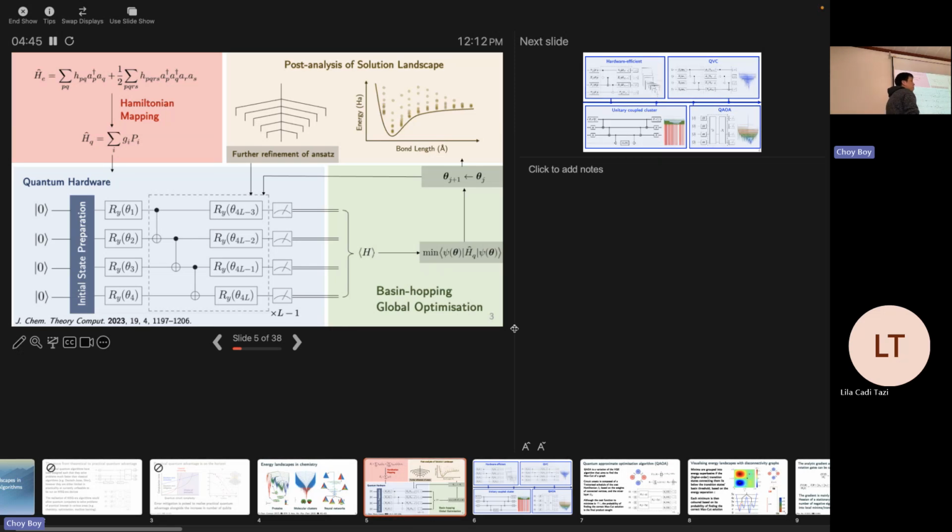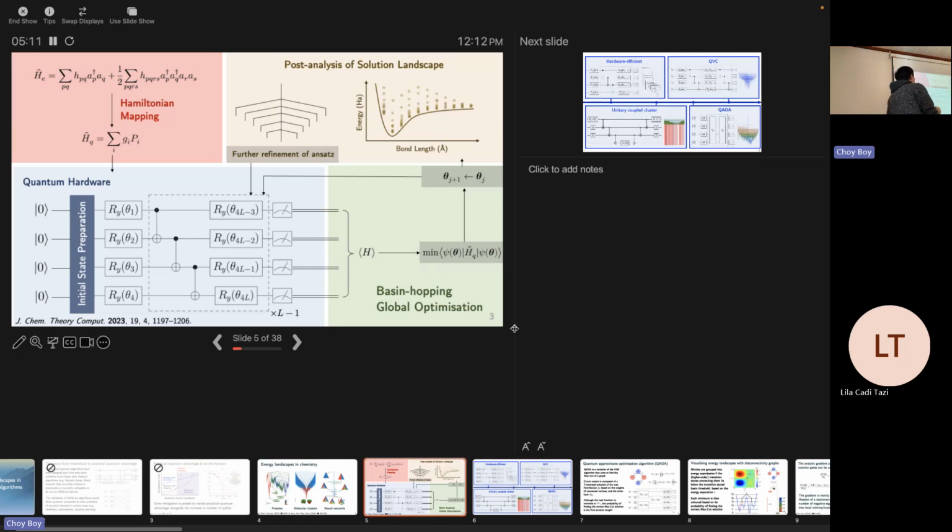For us, we use basin hopping so that we can obtain as many local minima and other interesting stationary points as possible. After that, we iterate between the classical and quantum computers until we reach some convergence criterion. Afterwards, we compile all the local minima that we obtain.